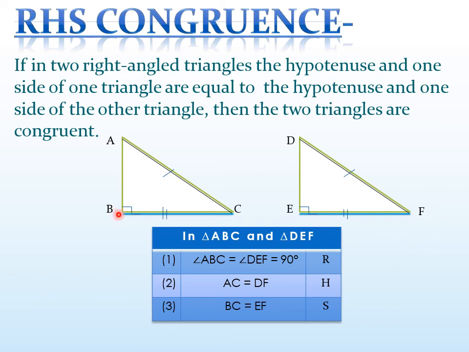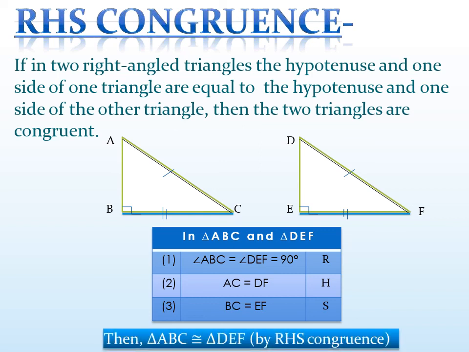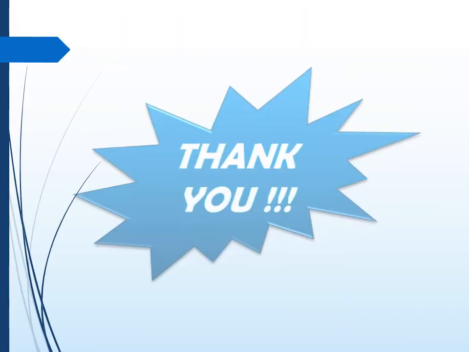We can also take BC is equal to DE, won't be any problem. But in this question, since BC equals EF, we will write it like so. And therefore that will be equal to S. So thus we can see that by the RHS congruence rule, triangle ABC is congruent to triangle DEF.